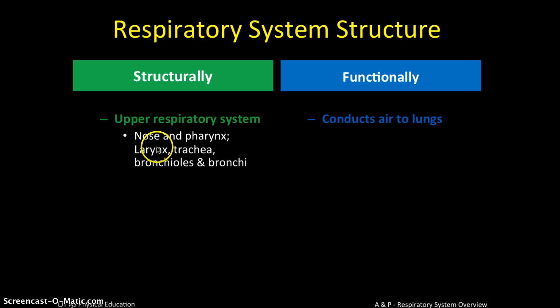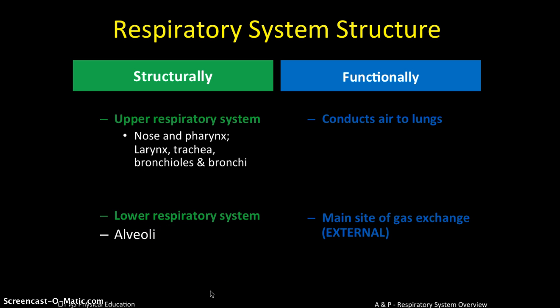Certain bits of it, the larynx, the voice box, the nose and the mouth, have a role in warming air, and the bronchi divide into both lungs, so the air goes into both sides. But these are just tubes to get the air down. And then we've got the lower respiratory tract, which is essentially your alveoli, those grape-like air sacs, which are the main places where gas exchange happens. And they're designed specifically to do that job.